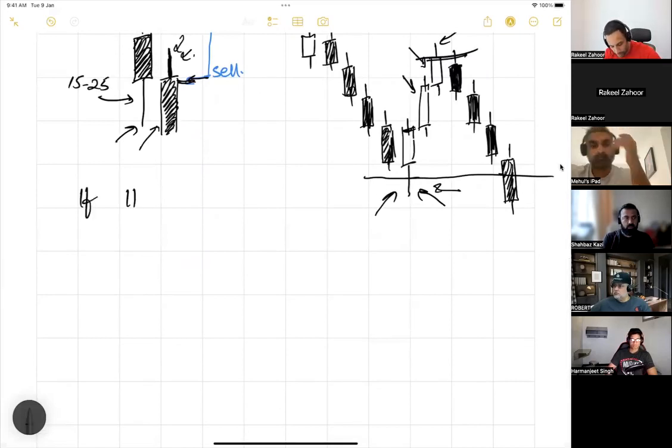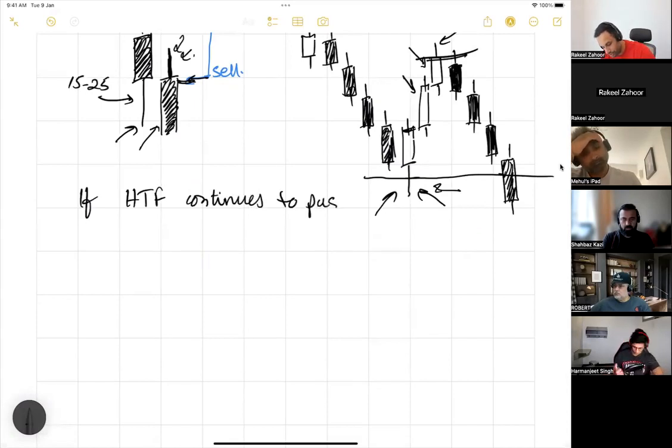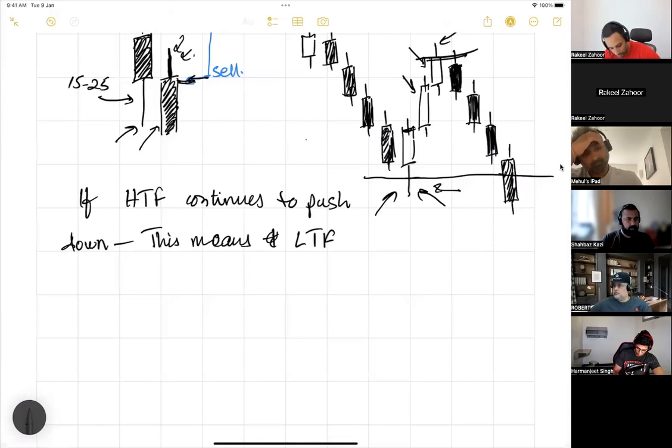If the higher time frame continues to push down, this means lower time frames should create resistances.